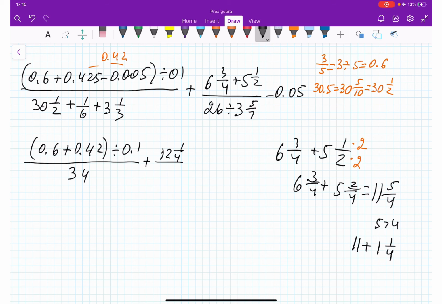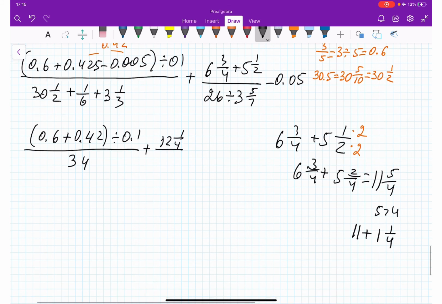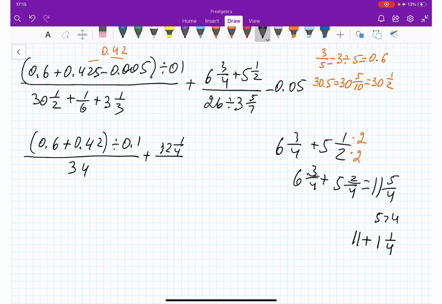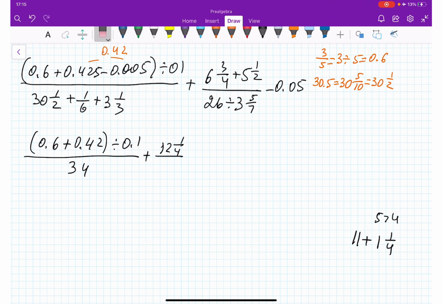Okay, 12 and 1/4. Denominator, I am going to divide 26 divided by 3 and 5/7, which means I have to convert it into an improper fraction. 3 times 7, 21, plus 5, 26/7.